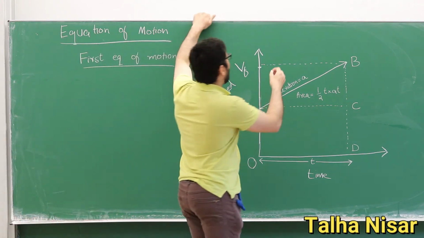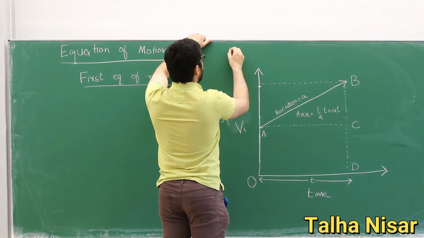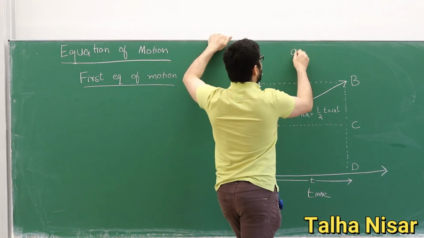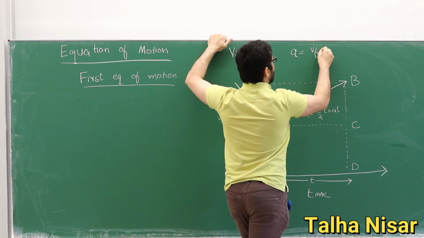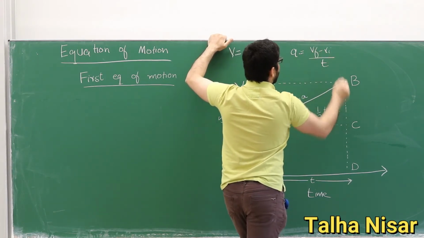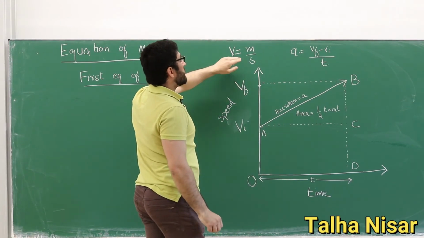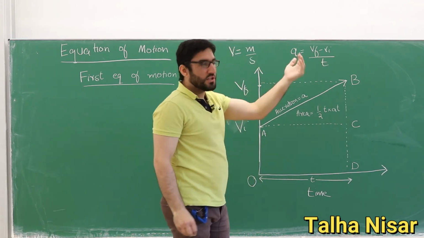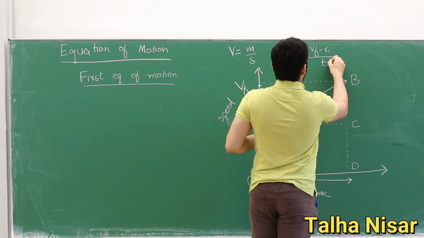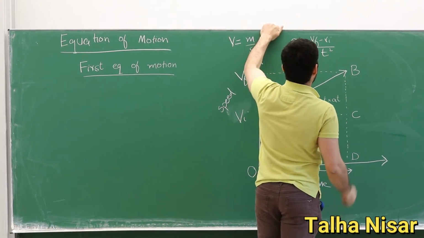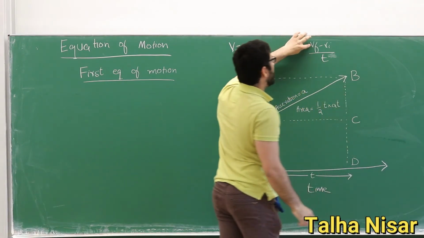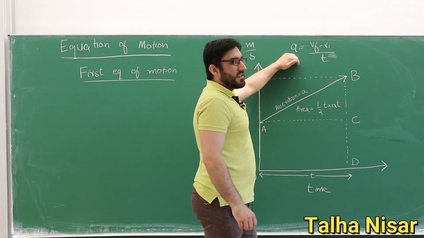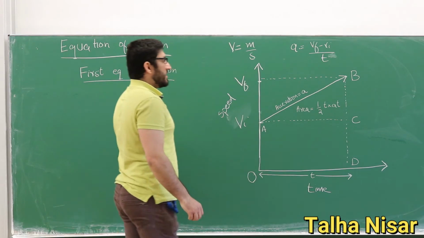I will just write: speed, or velocity, is in meters per second, the distance covered per unit time. Acceleration is the final velocity minus the initial velocity divided by time, in meters per second squared. The acceleration is how fast the velocity is changing per unit time.